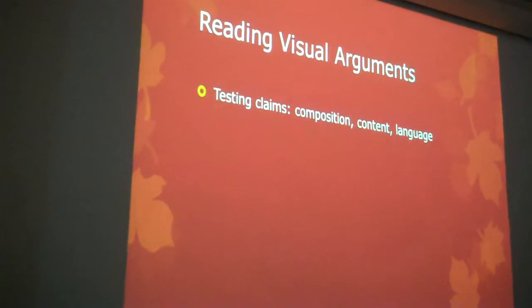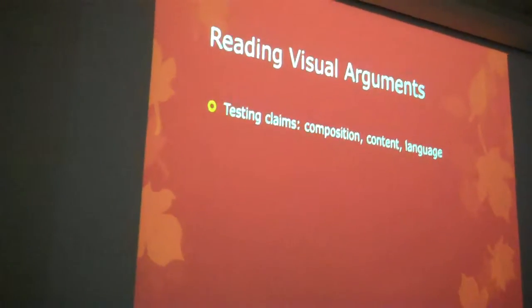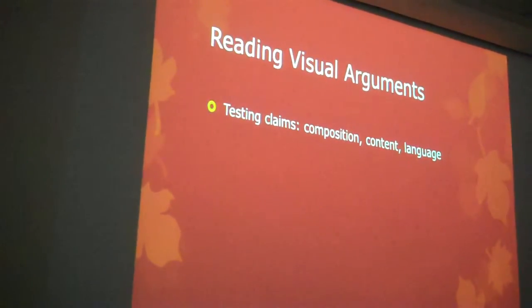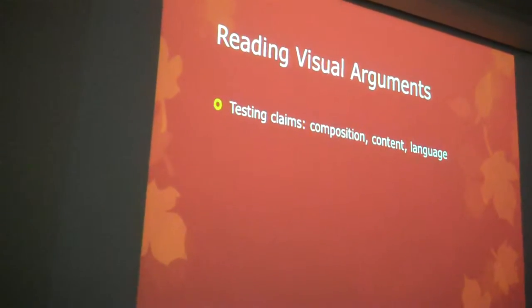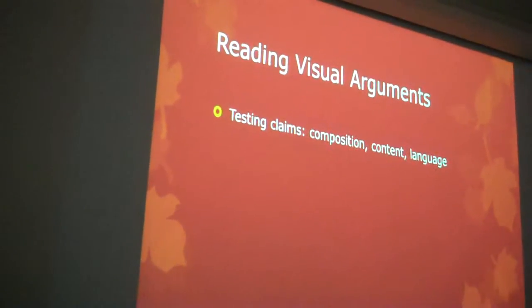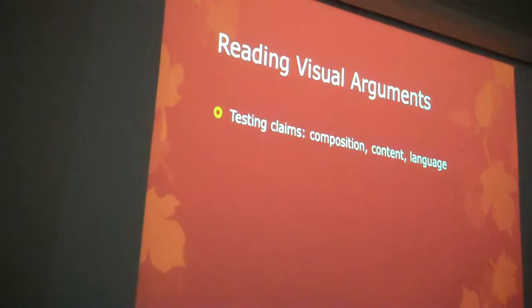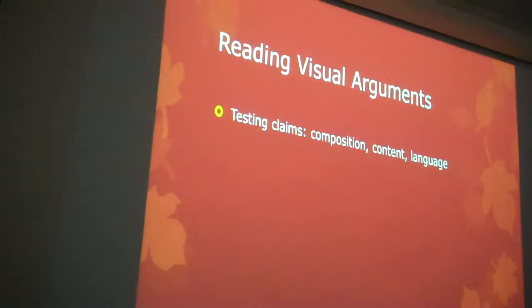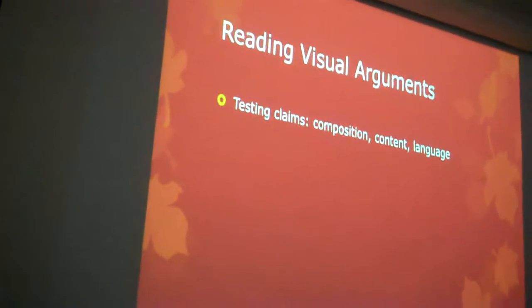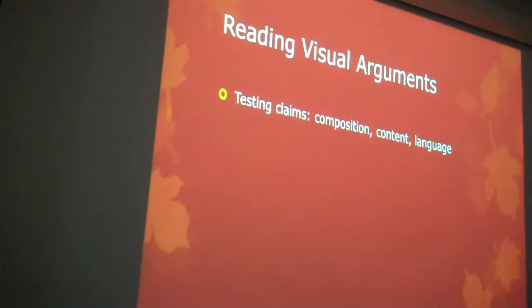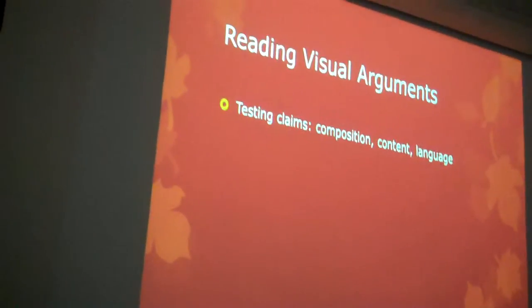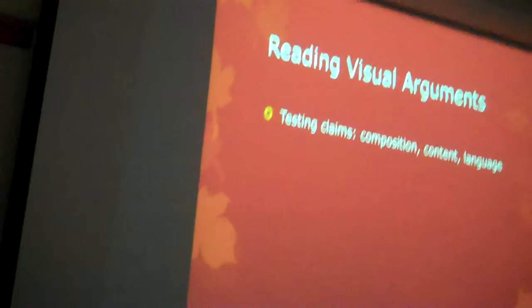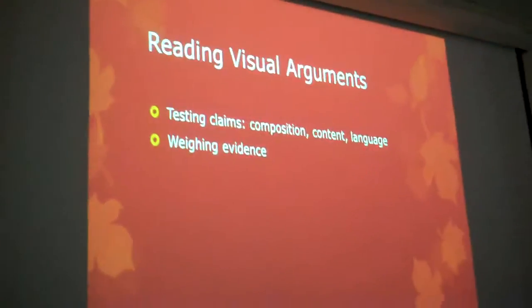Visual arguments are just like written arguments, only you're looking at a picture or a sequence of pictures and judging from the visual elements in that picture whether or not it's persuasive. So you can test the claims the same way, but you can use different elements. You can look at how the picture is composed or how the commercial is sequenced. You can look at what it contains. You can look at any language that's used in the picture.